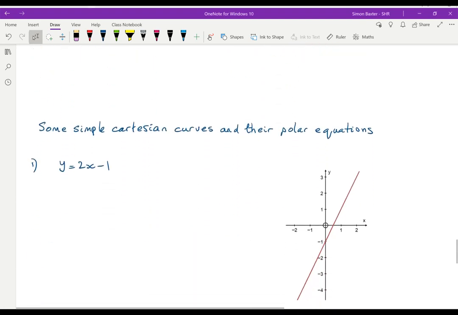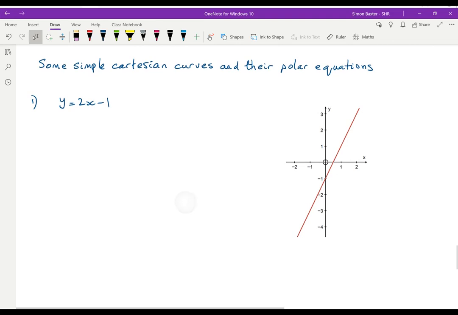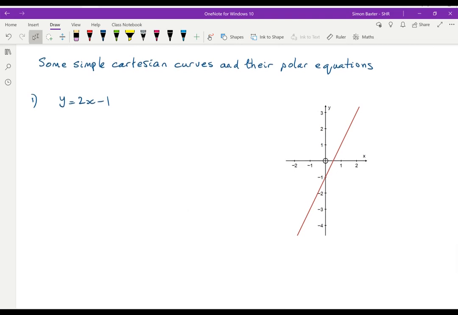So let's start with this one. Nice, easy-looking equation. y equals 2x minus 1 is a straight line through minus 1 on the y-axis, gradient 2. How are we going to turn that into a polar equation? Well, this is very simple. We know that y is r sine theta and that x is r cos theta.